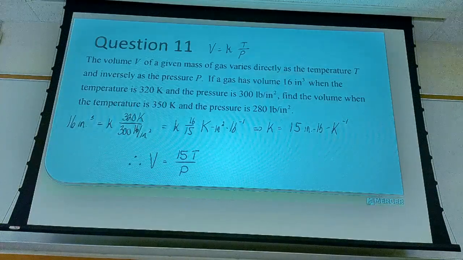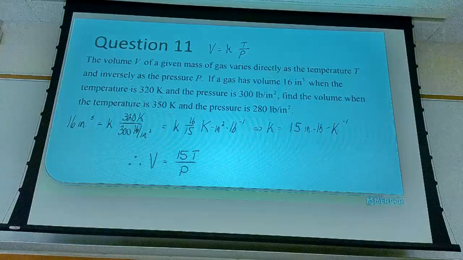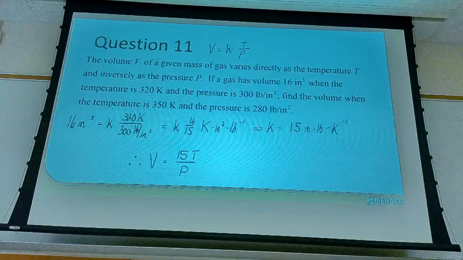Of course, there's no such thing as an ideal gas. We want volume when temperature is 350 Kelvin and pressure is 280 pounds per square inch.